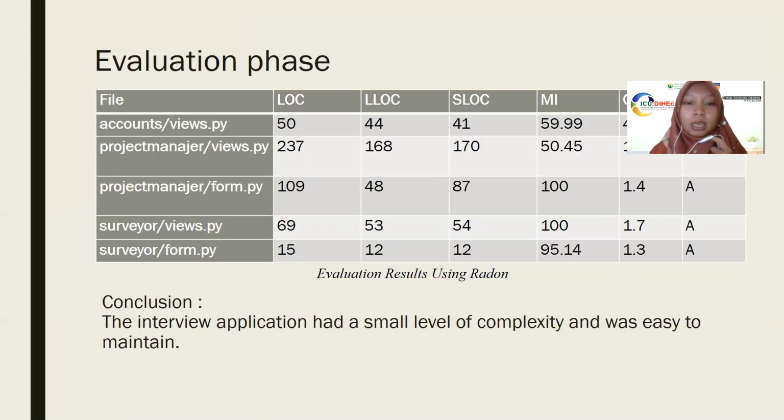So the conclusion is a small level of complexity and easy to maintain, and the risk is A. It means that the risk is very good. So the conclusion is the interview application had a small level of complexity and was easy to maintain.